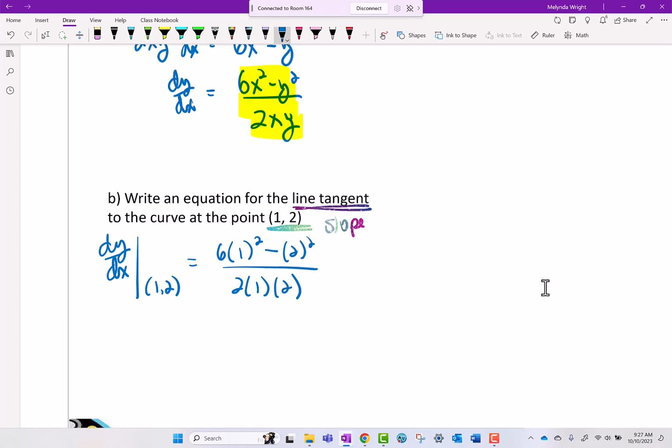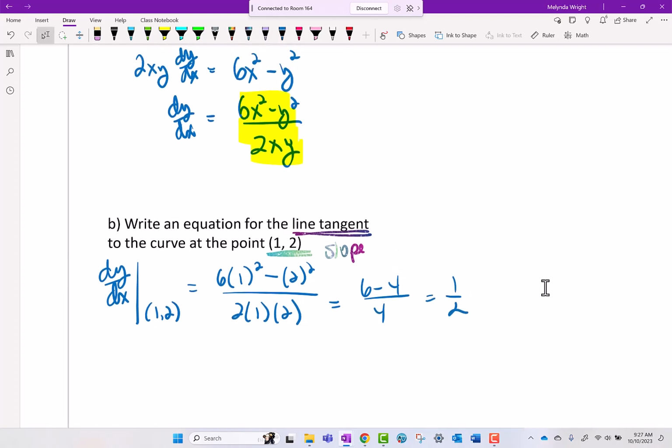They don't want that to impact every single other question if by chance we got the derivative wrong. Okay, so let's go through with that. We've got 6 minus 4 over 2 times 1 times 2, so 4. So what is that? 2/4? It's just the x that's squared, not the 6. So it's a half.